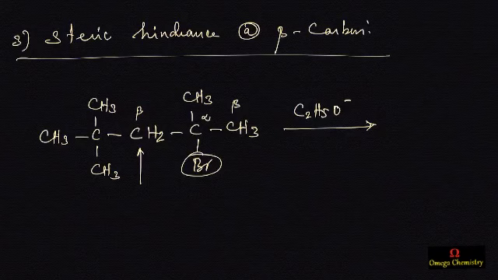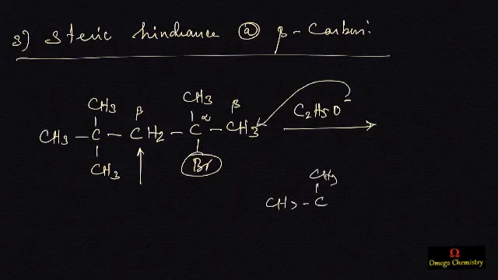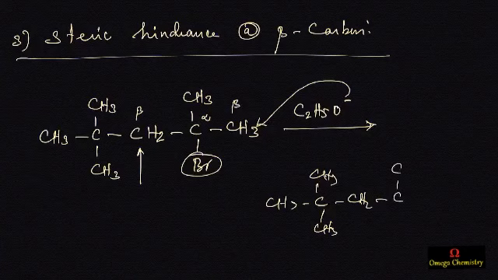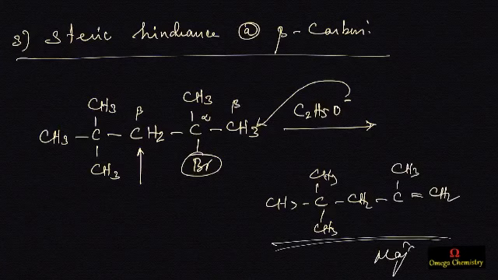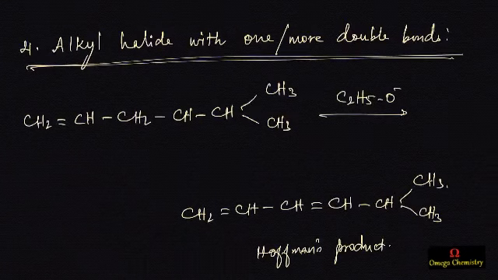So the easiest way is to take away a proton from this one, which will result in Hoffman's product. So the final product will look like CH3. We will get a Hoffman product only. So this product will be the major product which we will get.